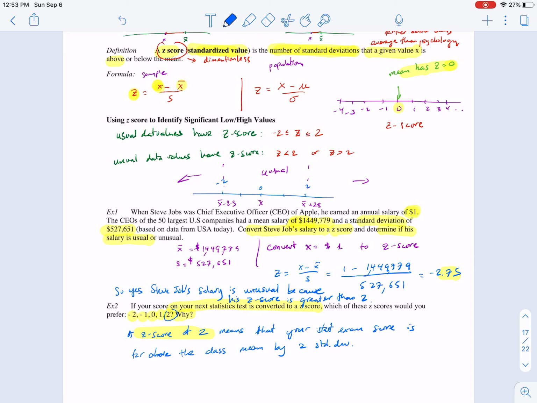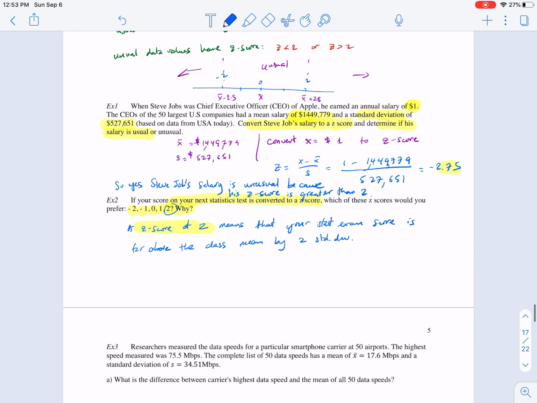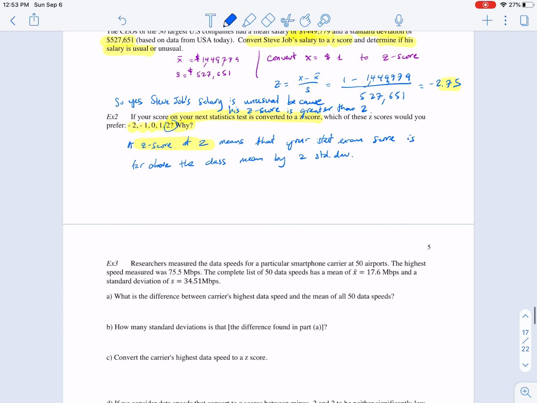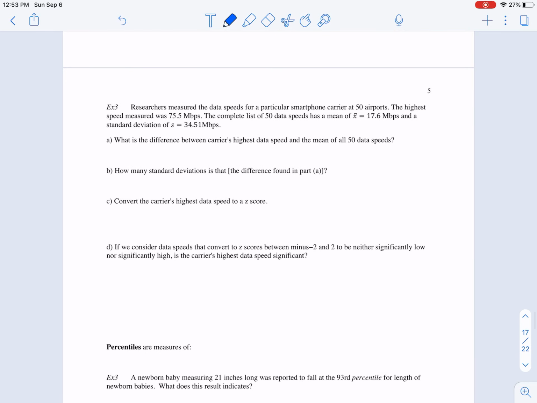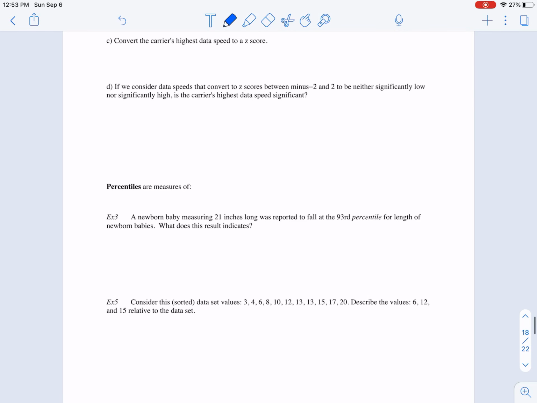So a z-score just refers to the number of standard deviations a given x value is above or below the mean. We looked at several examples and showed how to use the formula and discussed what the answer interpretation would mean. And now we look at another measure of relative standing called percentiles.